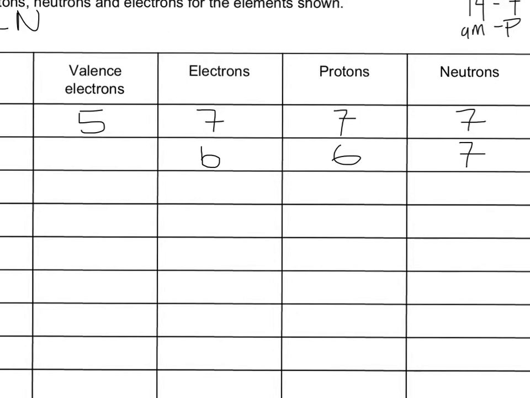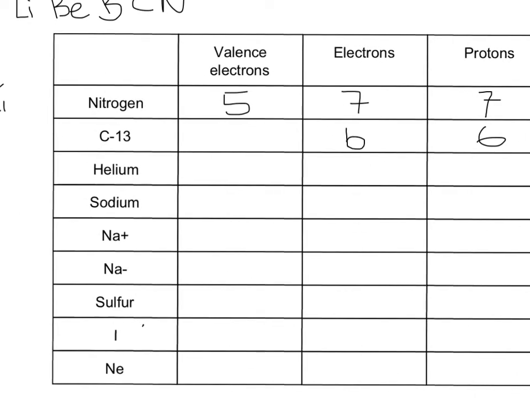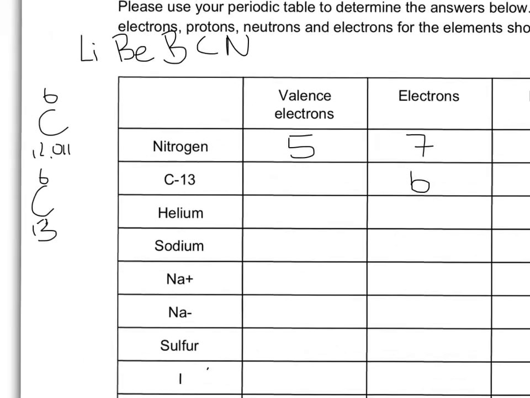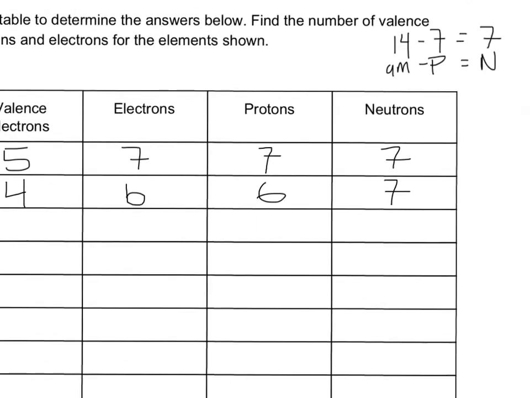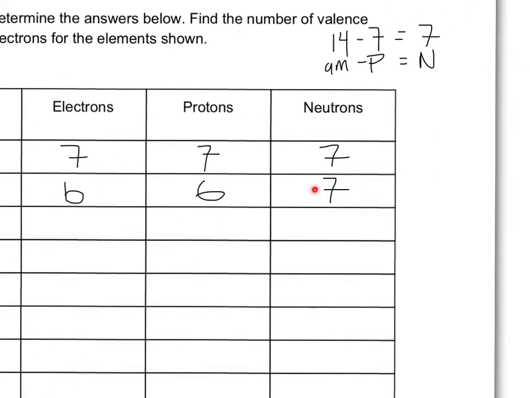For valence electrons, as we move in on the periodic table, it goes lithium, beryllium, boron, carbon, totaling 4. This is an isotope, not an ion. It is an isotope because it has a different number of neutrons than it normally would. Normally carbon would have 6 protons and 6 neutrons. This is heavier. It has 7 neutrons. It is an isotope.